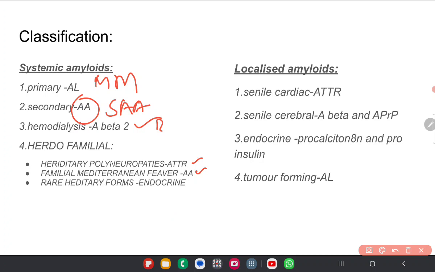Systemic amyloidosis can affect different parts of the body, not only a single part.